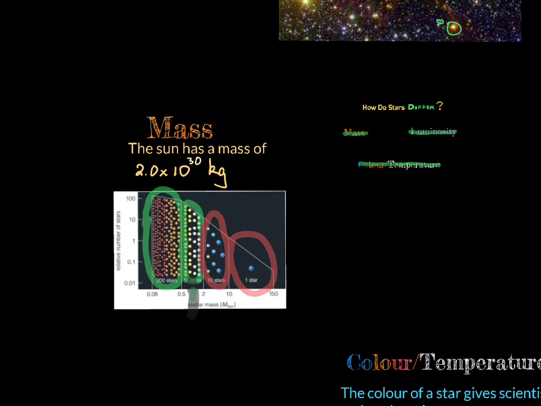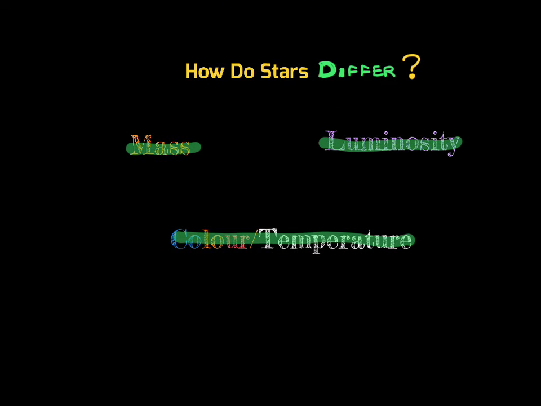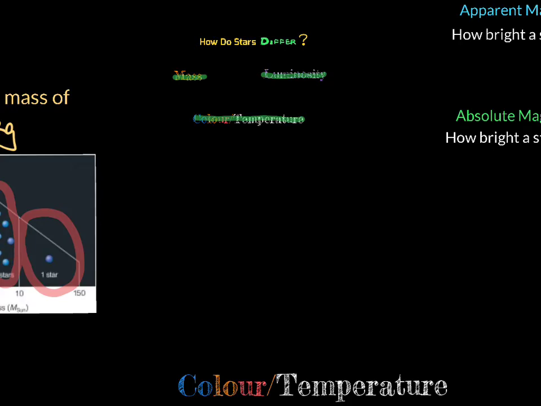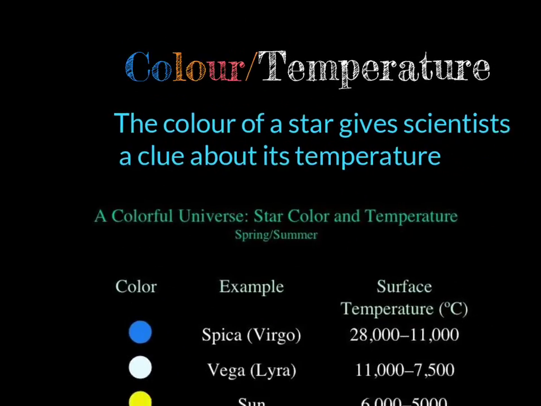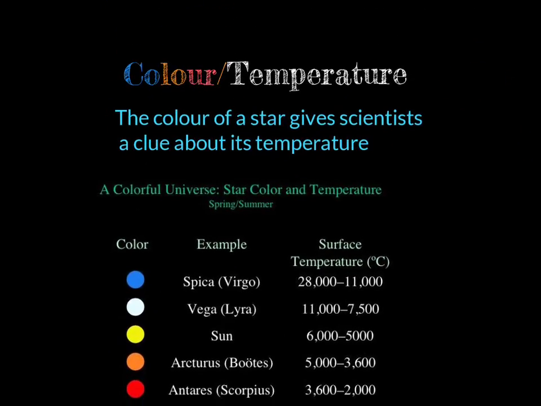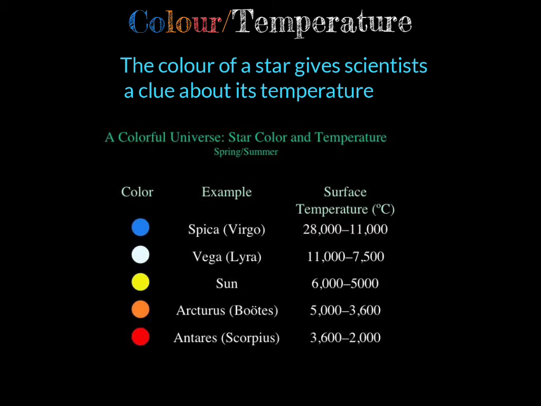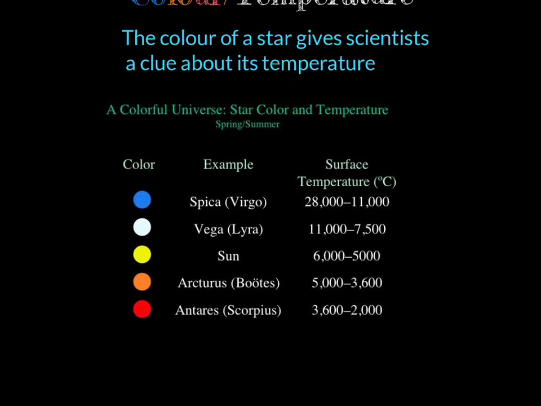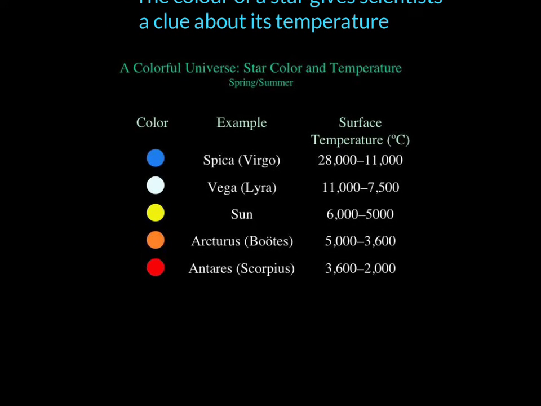So that's the mass. We also said that we can define stars in terms of their color temperature. Now I've put those together because the color tells you something about the temperature. So the color of a star gives scientists a clue about its temperature. So I've got this little visual, this little diagram looking at some of the stars just to give you an idea.